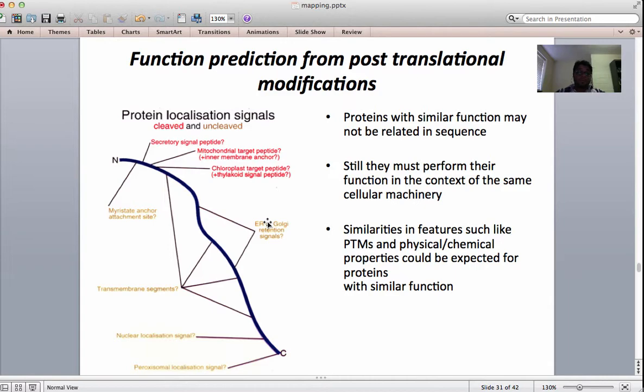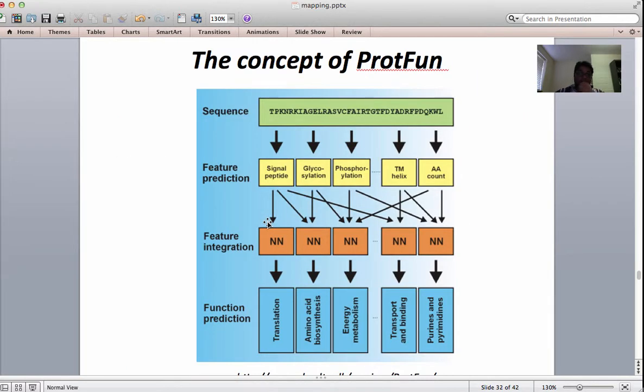Based on these different signals or modifications, you can assign functions to proteins. So two proteins might be similar if they have similar post-translational modifications. The tool developed for this is ProFunc, where we can assign function based on post-translational modification.